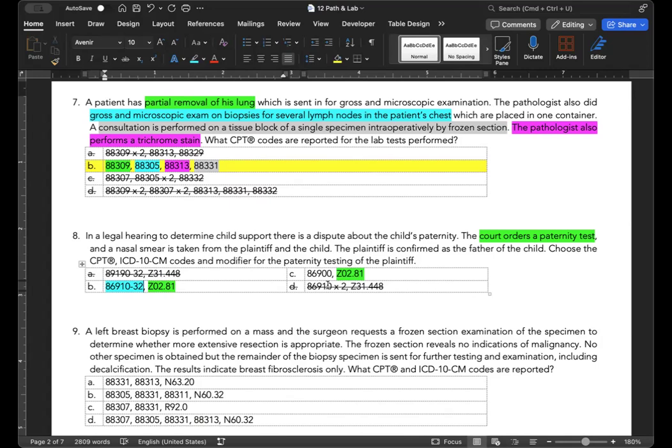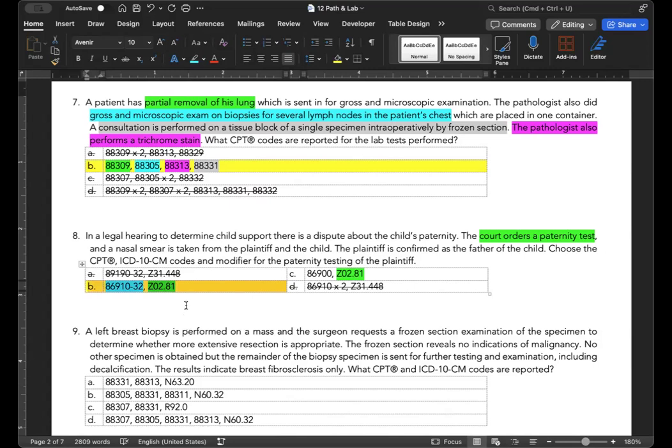Whereas 86910 specifically states for paternity testing. So in the real world, we would not append this, right? However, from a testing perspective, even though neither one of these is truly the correct code, the 86910 is closer because it specifically states for paternity testing.